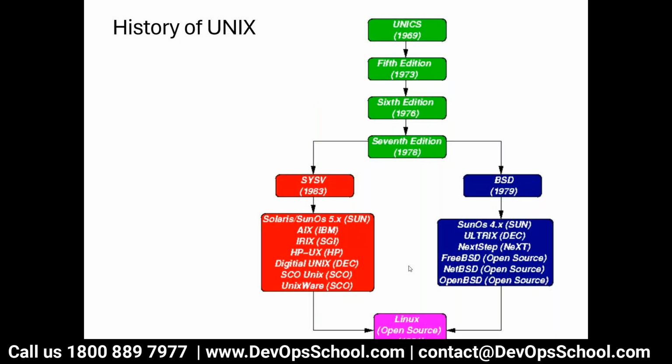We don't need to know all these events because it's the past. But if you look at the flow, initially Unix came, and after that BSD Unix came. Unix got divided into two parts: one is SysV, and another one is BSD.